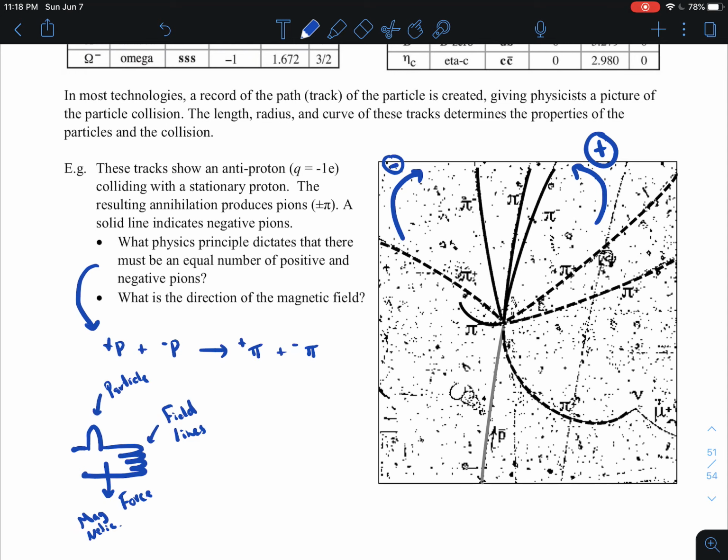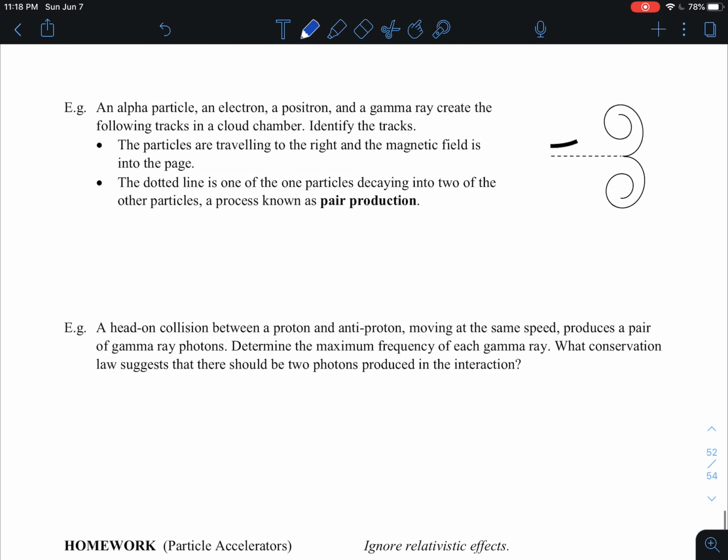So if I position my fingers in such a way and see that all the particles going up are then spinning to the right, that means the field must be going into the page. I'm going to say magnetic field into the page. All right, let's try the next question.